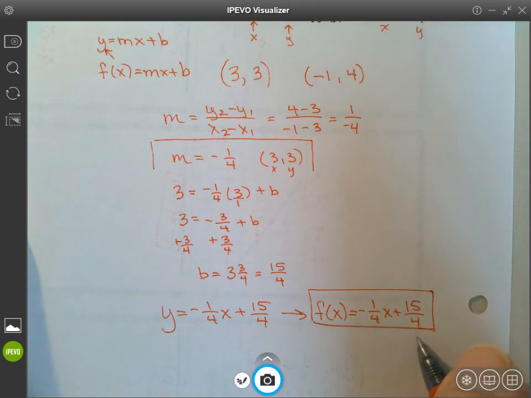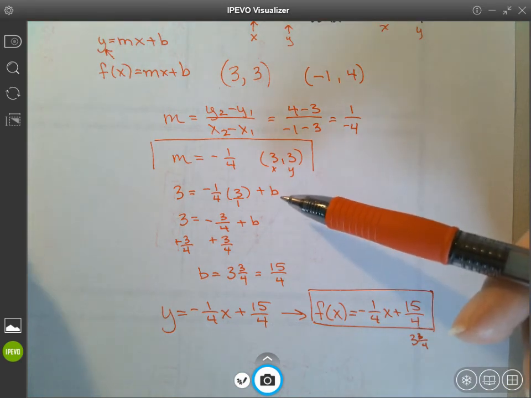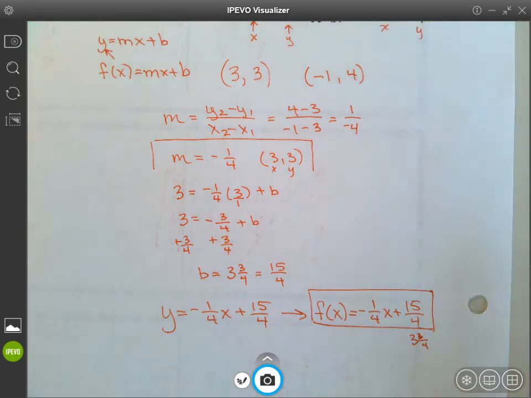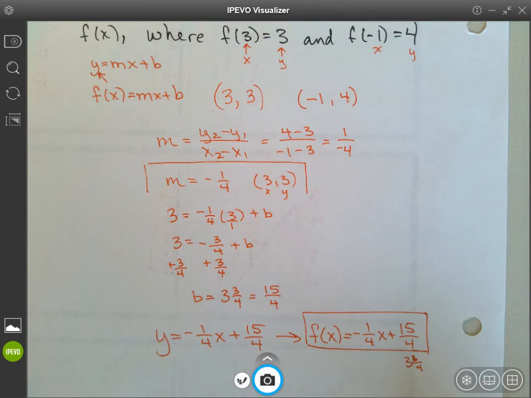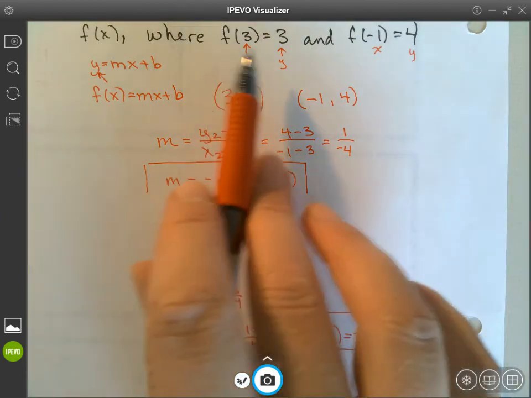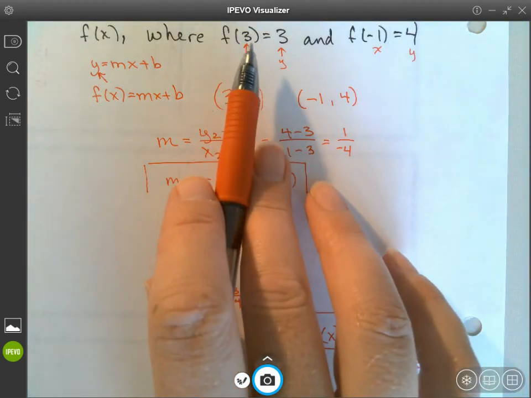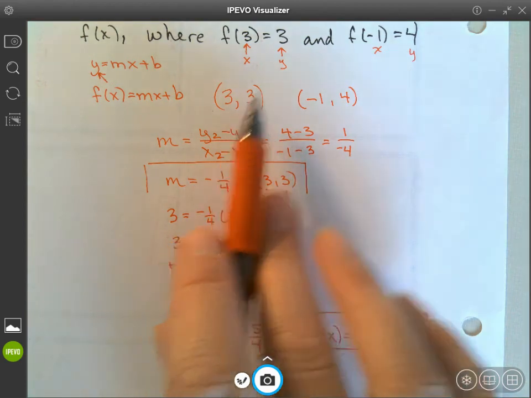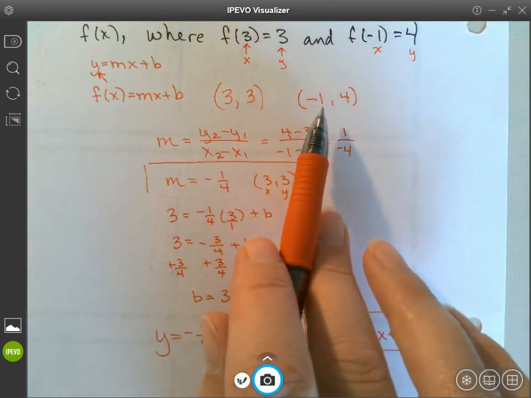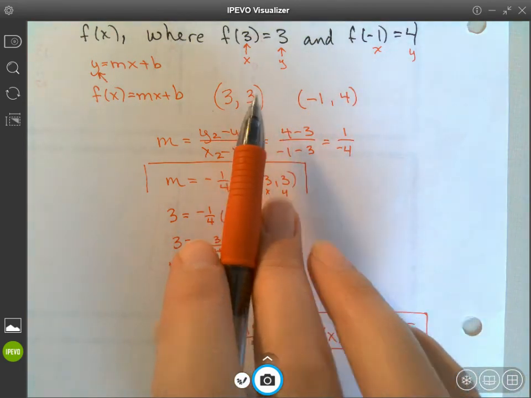Or you might have that as 3 3/4. Okay, again, I used y equals mx plus b. You could have used point slope. But my big thing is taking something that you thought was different and knowing that this was function notation that gives you these ordered pairs. And I'm hoping once you saw that, you remembered that we had talked about that before.